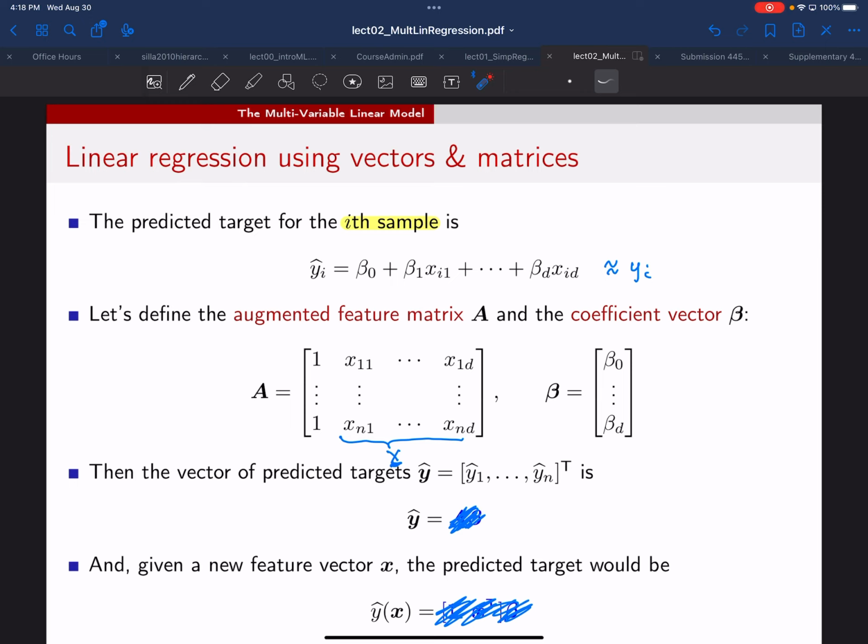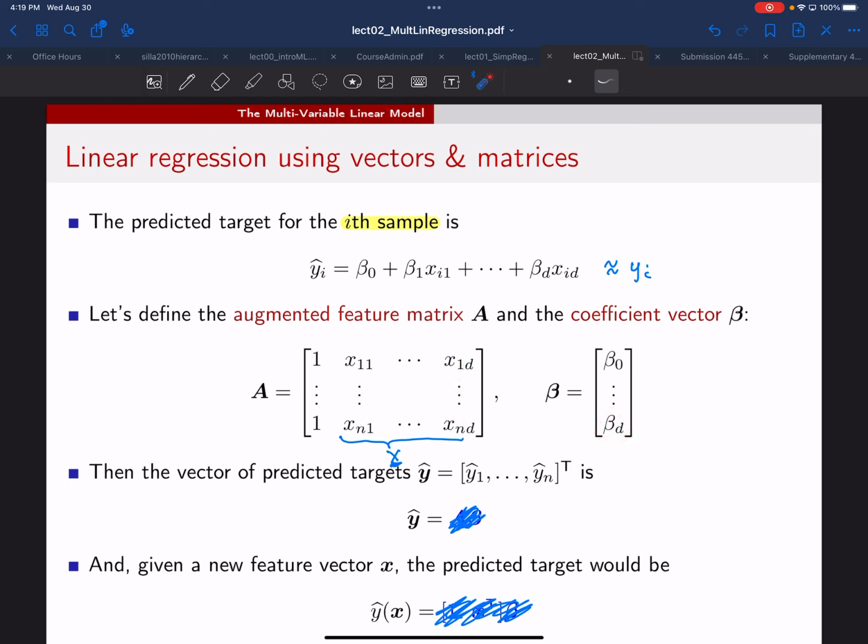Yeah. Okay. So basically, what I was looking for is that the reason we're adding the ones here is so we can easily do a multiplication of this quantity by this quantity. If I multiply this matrix times this vector, the way matrix vector multiplication works is that beta 0 will multiply all the terms in the first column, beta 1 will multiply all the terms in the second column, and so on until beta d will multiply all these terms here.